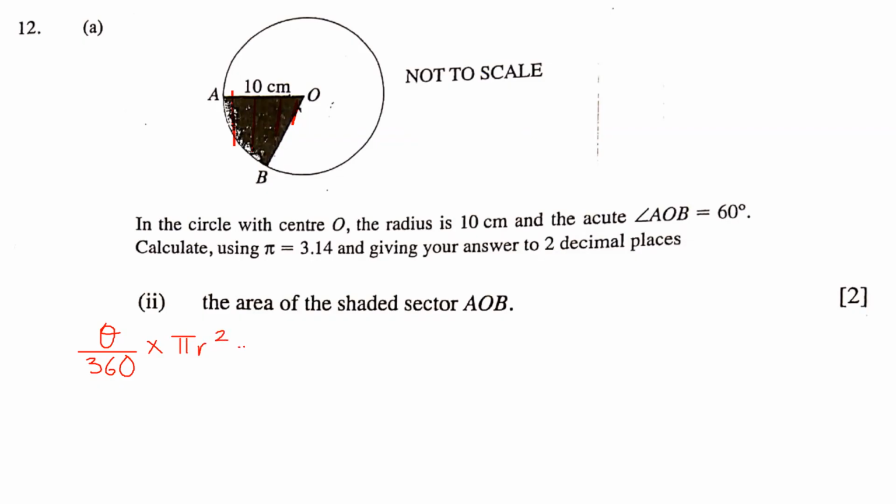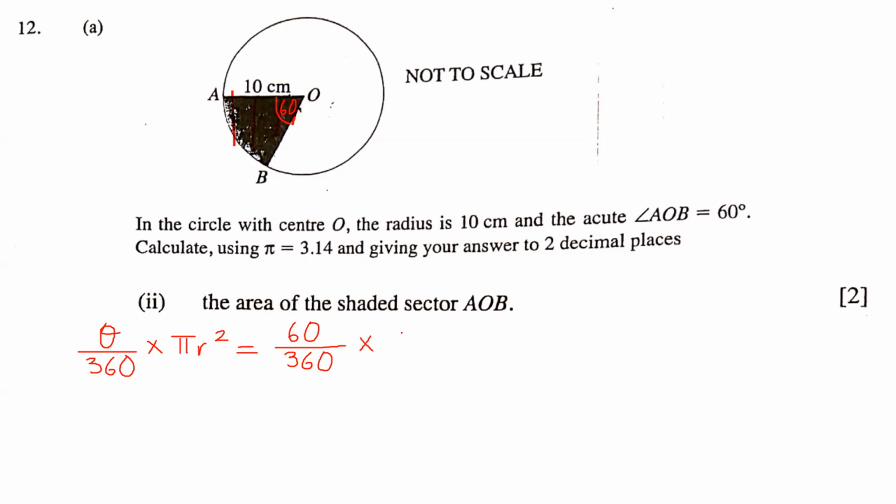Now, what is theta? Theta we know is the angle in the middle. That's going to be 60 degrees. That's this angle. We know from the question that's 60 degrees. So it's going to be 60 degrees divided by 360, multiplied by, what is pi?